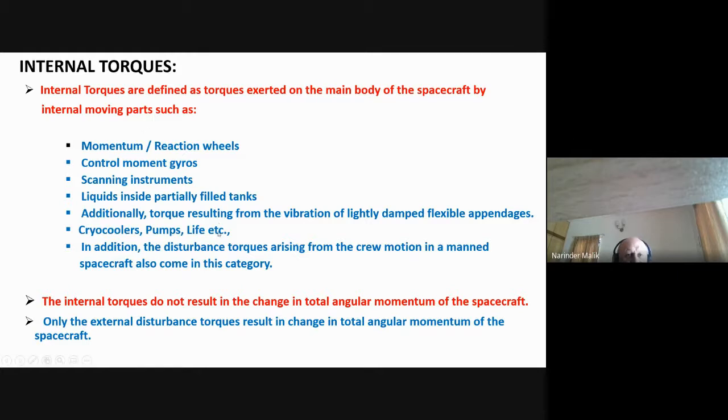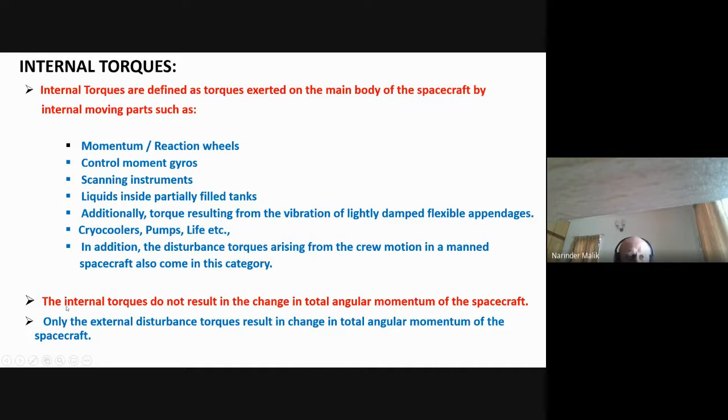Liquids inside partially filled tanks, fuel slosh. Additionally, torque resulting from vibration of lightly damped flexible appendages. Then there are cryo coolers for cooling the detectors, pumps, etc. In addition, disturbance torques arising from crew motion in a manned spacecraft also come in this category.